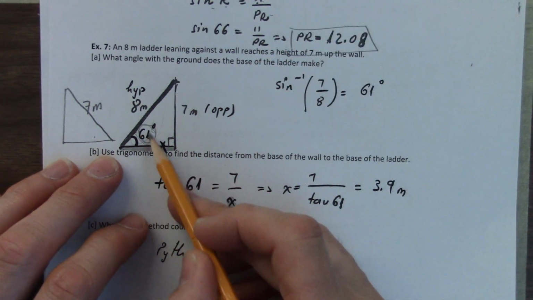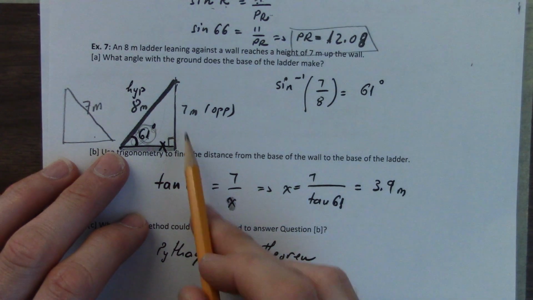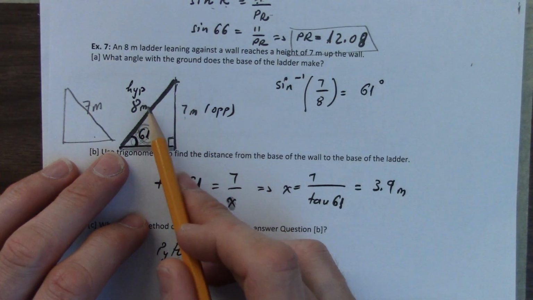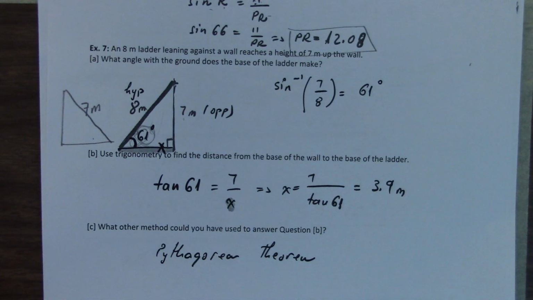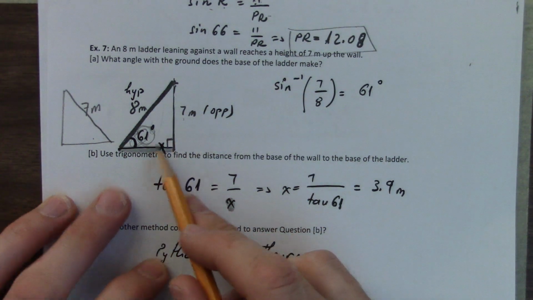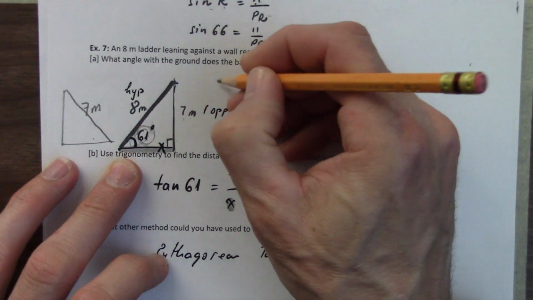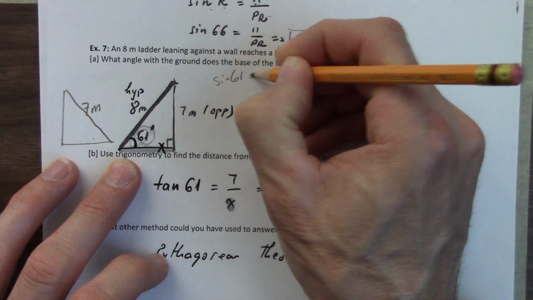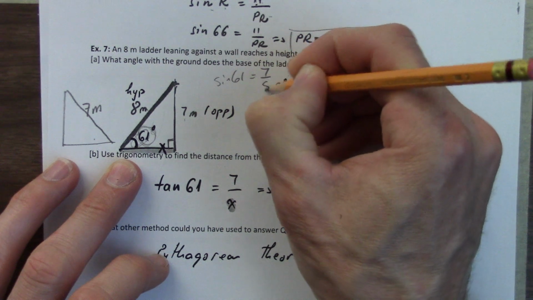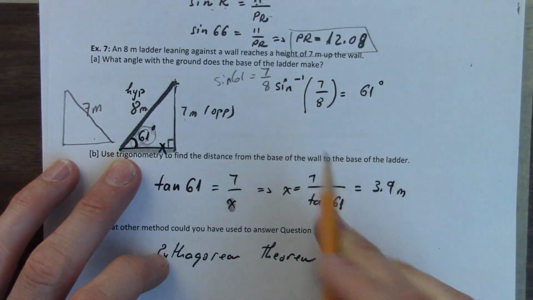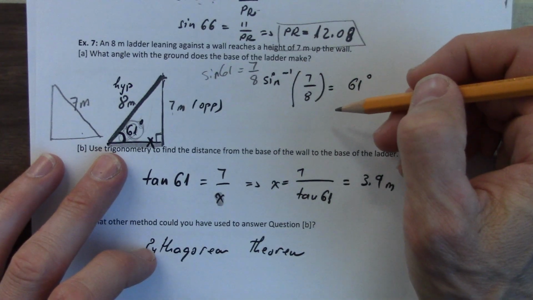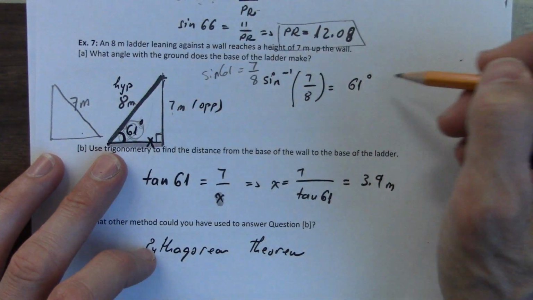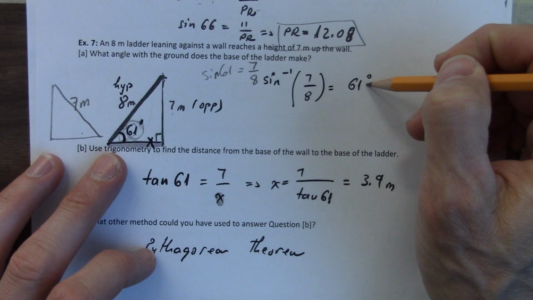Because this is the angle we're concerned about, and the two sides that we have are opposite and hypotenuse, that is what's going to make us use the sine ratio. So sine of the angle is equal to 7 over 8. Then you take the sine inverse of 7 over 8 and you get the angle 61.